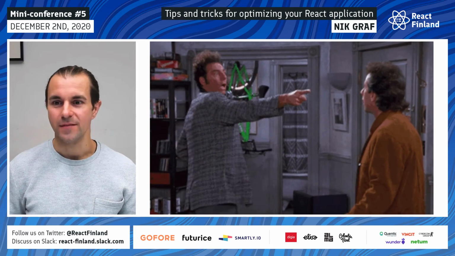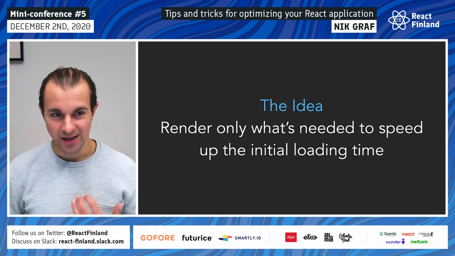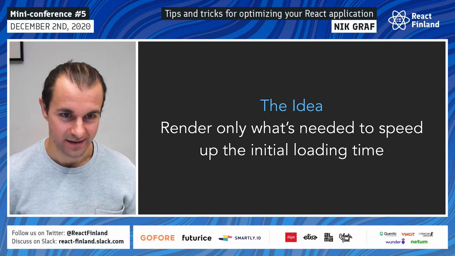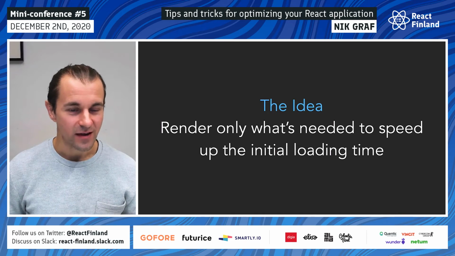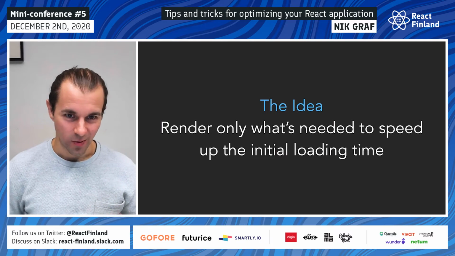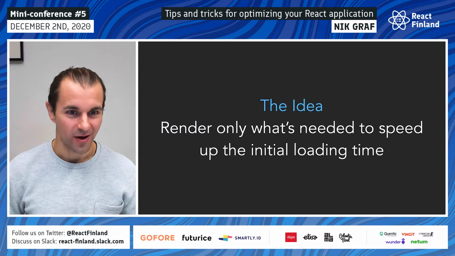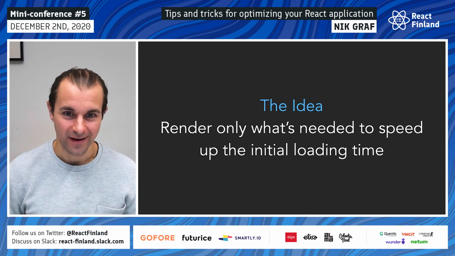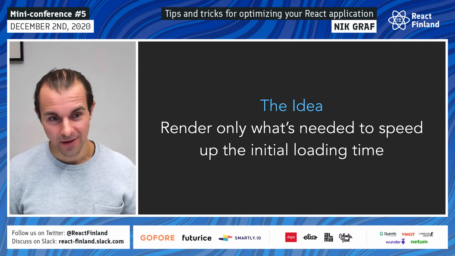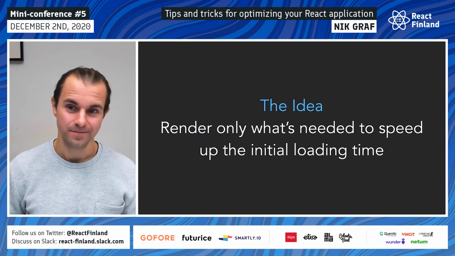Maybe not the best idea, because this was actually a really good idea. We're dealing with very slow devices that we have to support, so reducing the initial loading time by making sure you don't render a lot was a really good idea. But a mistake was made, or maybe it wasn't even noticed, and it resulted in bad performance, but it was fixable.